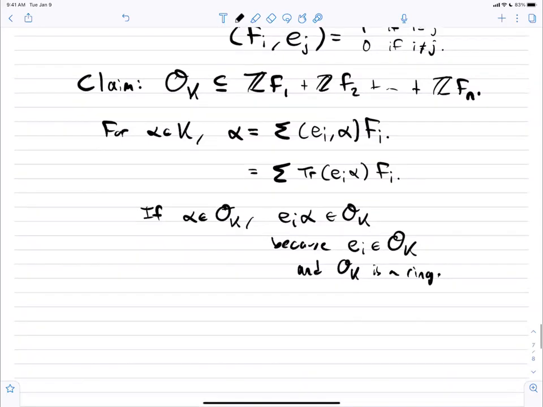But in fact, we can check that the trace of anything in OK is actually in Z. So this implies the trace of Ei times alpha is in Z, which is what we needed.